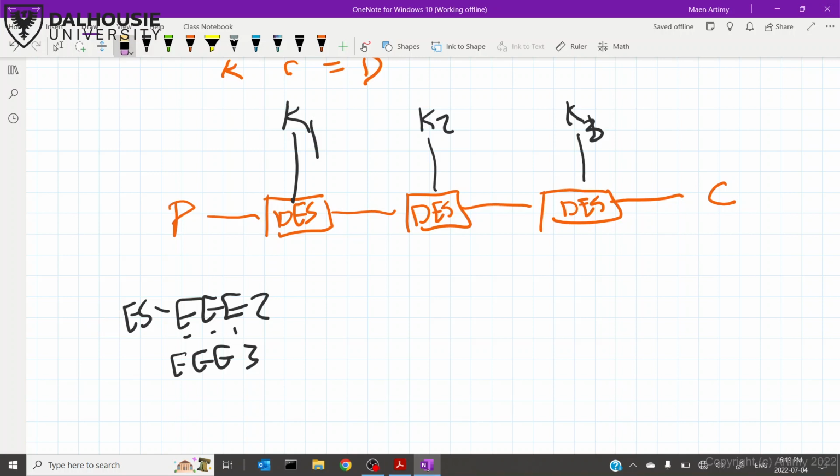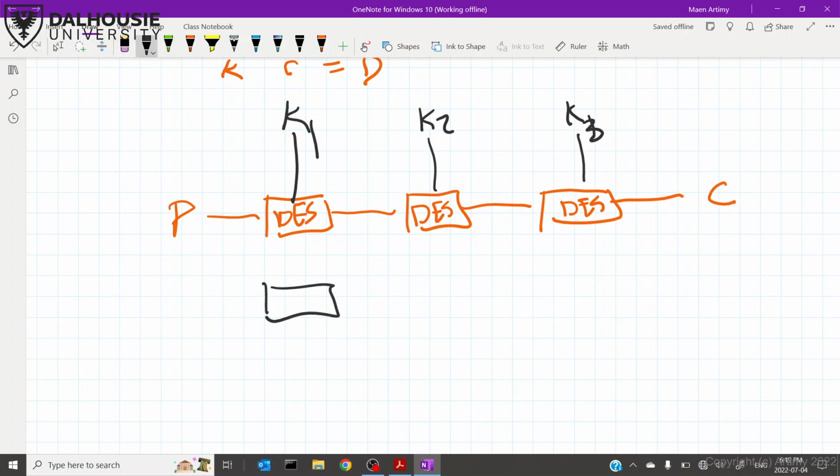There is another approach that uses DES, so that's encryption, and then DES in reverse, so that's decryption, and then encryption again. So wait a minute, what does it mean? We have encryption, then decryption, and then encryption again.